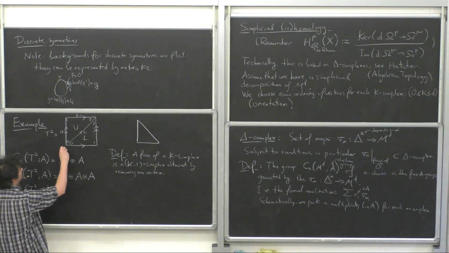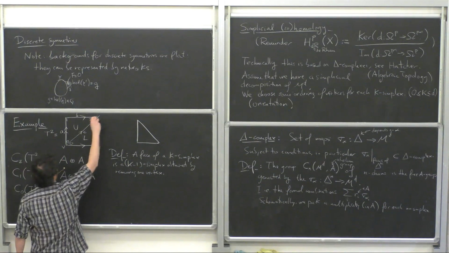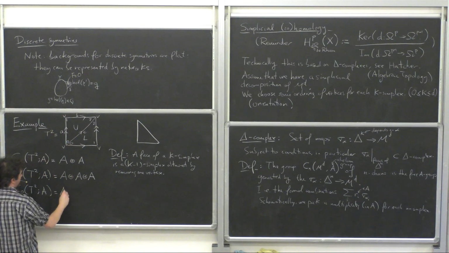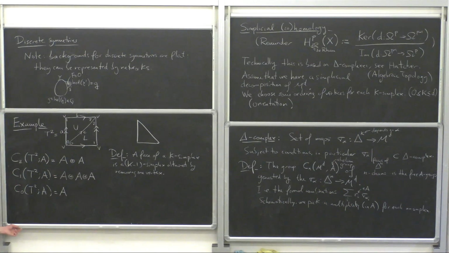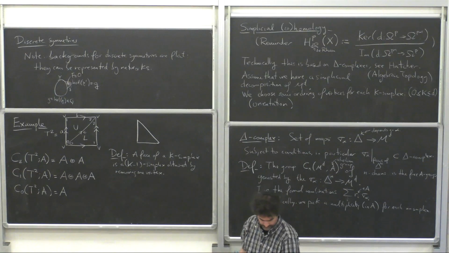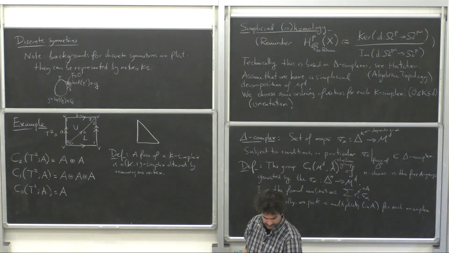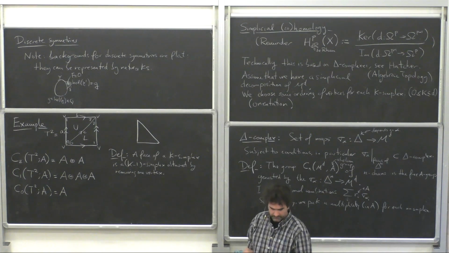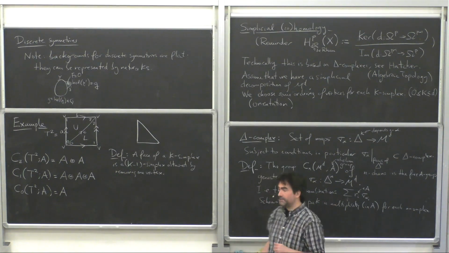Well, I have just one vertex here. We call it V. So that's A. Okay, so far so good.